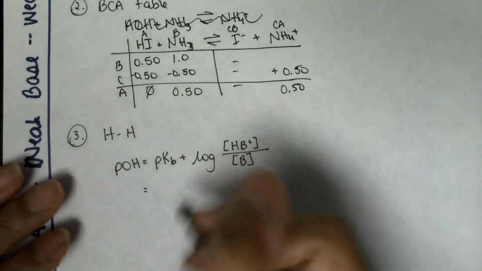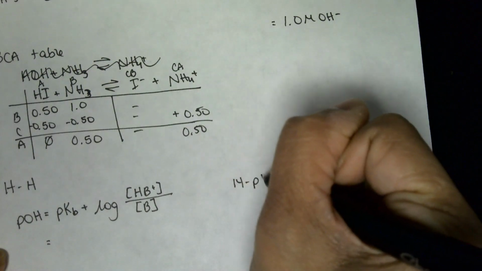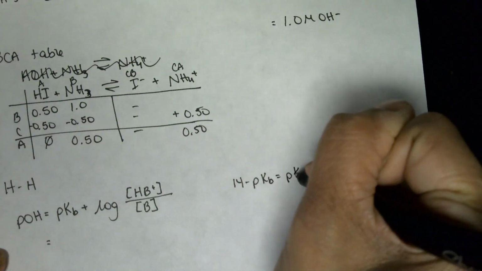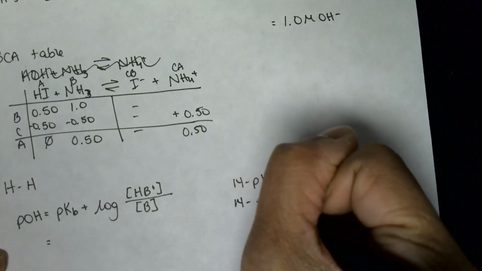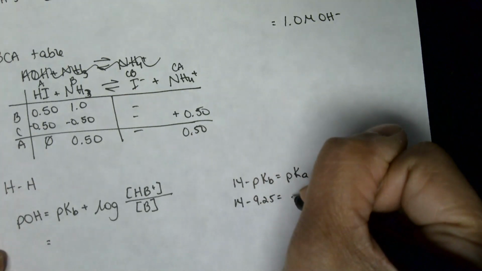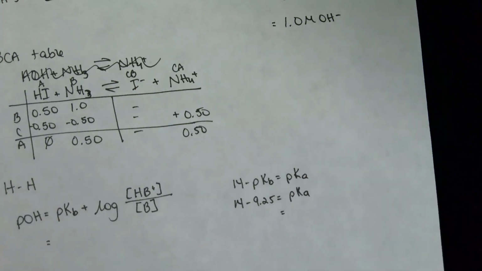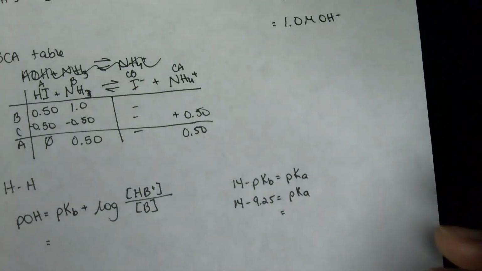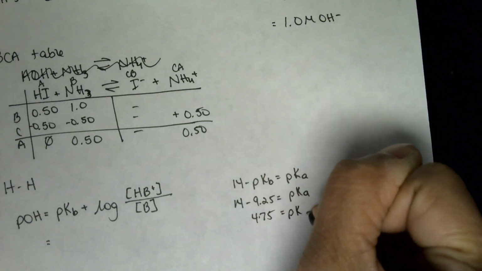So our pKb, well, they gave us pKa in here. So we do know that 14 minus the pKb gives us the pKa. So 14 minus 9.25 is 4.75, which is equal to my pKa.